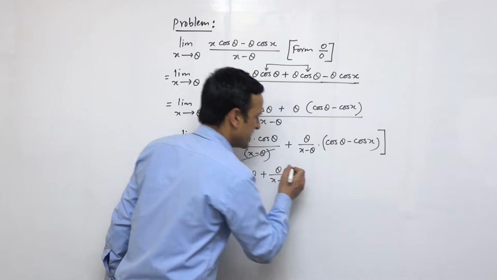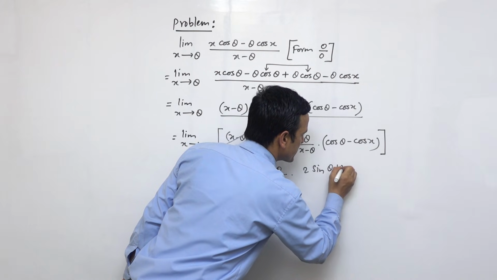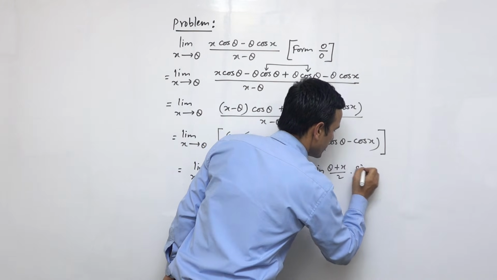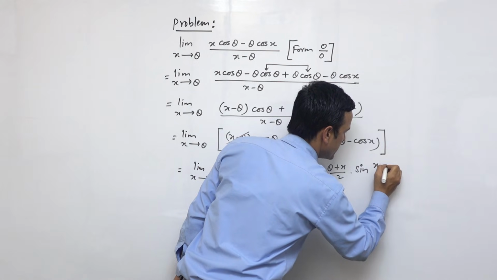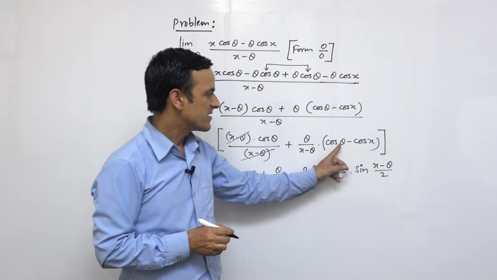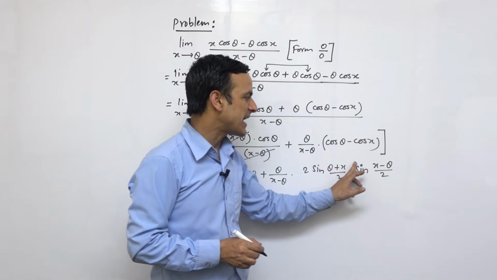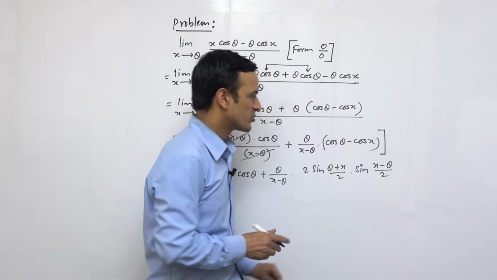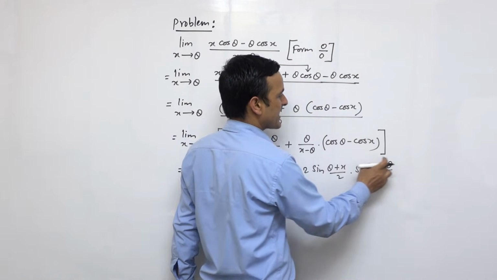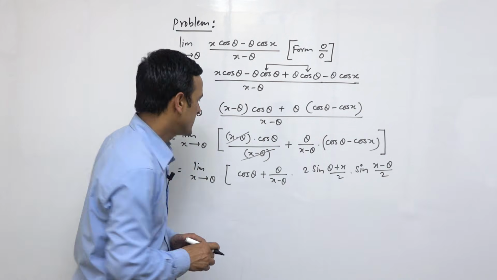So the formula is 2 sin (c plus d) divided by 2 and sin (d minus c) divided by 2. So this is the formula of cos c minus cos d. So d minus c means (x minus theta) by 2.